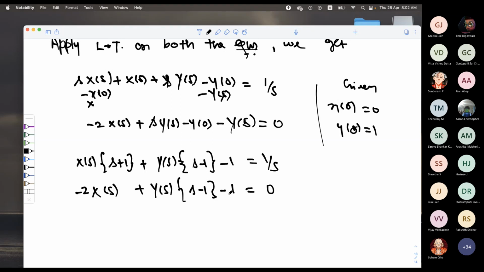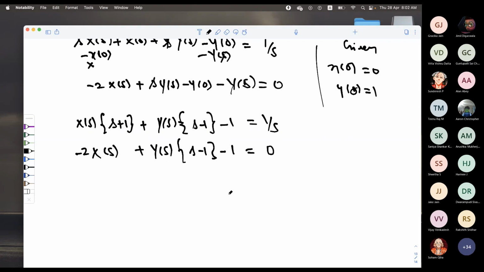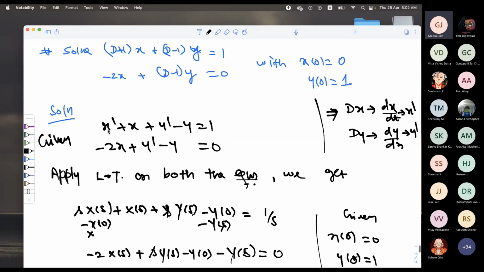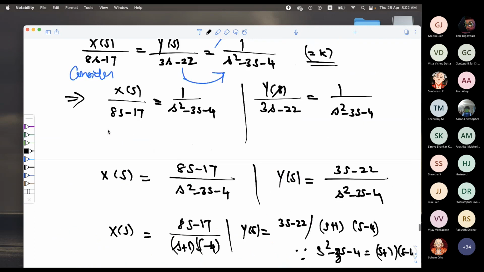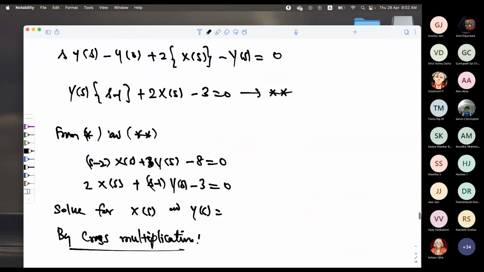Okay, so can we reduce this equation into another form? Because here we can subtract the equations. In this previous problem, if you look at these equations, X(s), Y(s) and constants are there. In this equation itself, X(s) and Y(s) are involved.